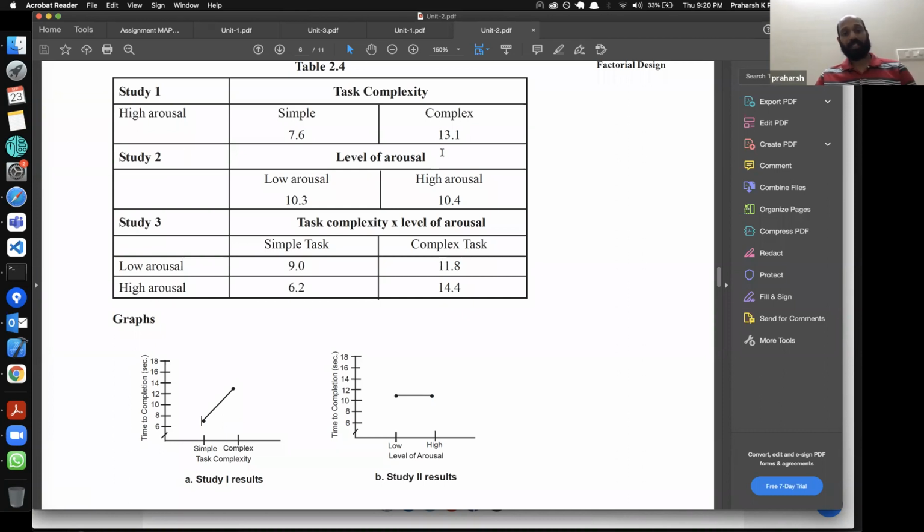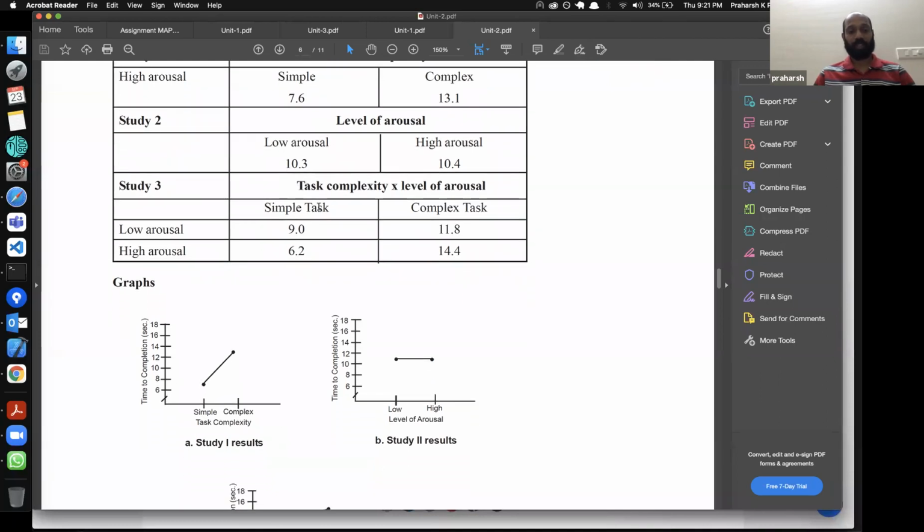In this case, depending on the level of arousal, the time was almost the same, 10.3 and 10.4. That's why you see both of them taking the same 10.3 and 10.4. Which means that on its own, the level of arousal does not change the time taken to do the task drastically.